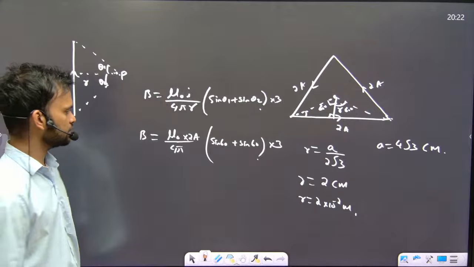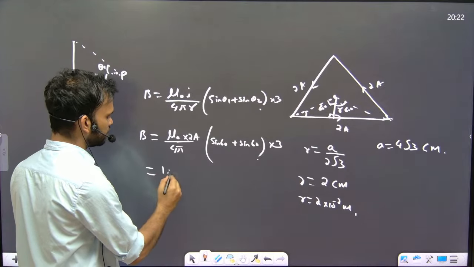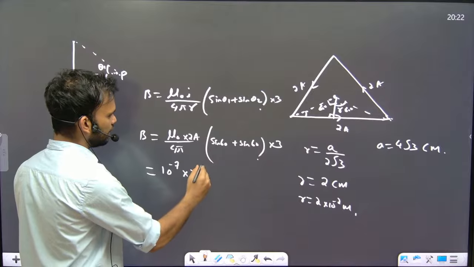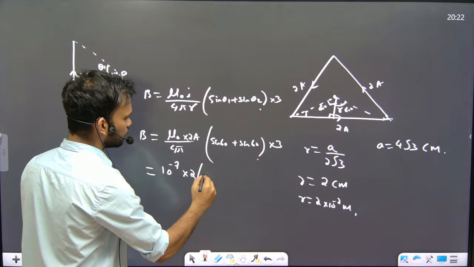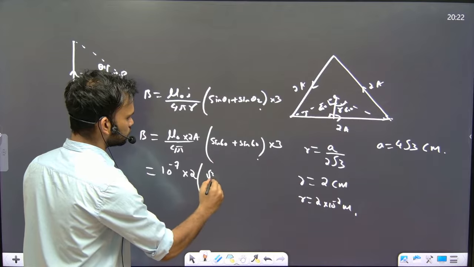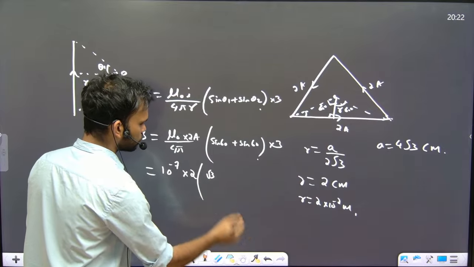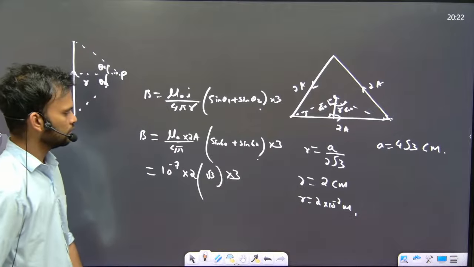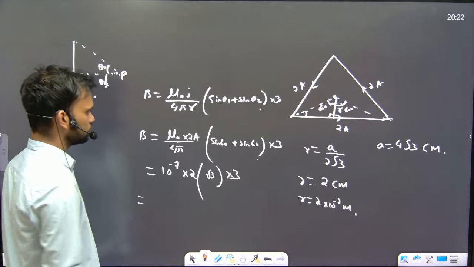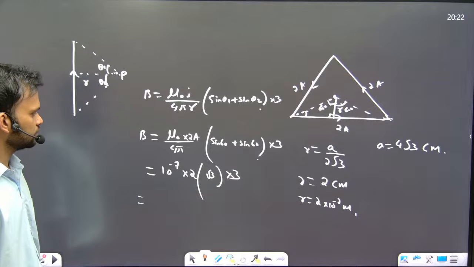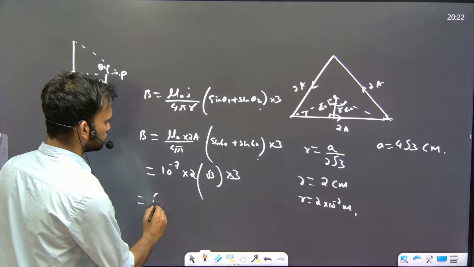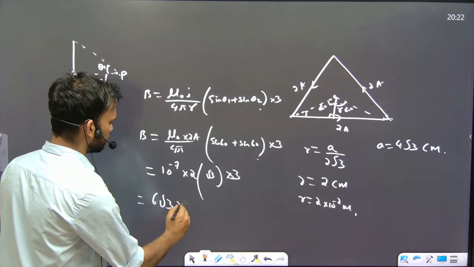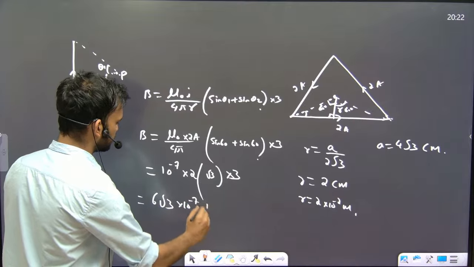Now just calculate this. Mu naught by 4 pi we know is 10 power minus 7, into 2 into sine 60 plus sine 60, which is root 3 by 2 plus root 3 by 2. So it becomes root 3 into 3. So the value of this is 6 root 3 into 10 power minus 7 Tesla.